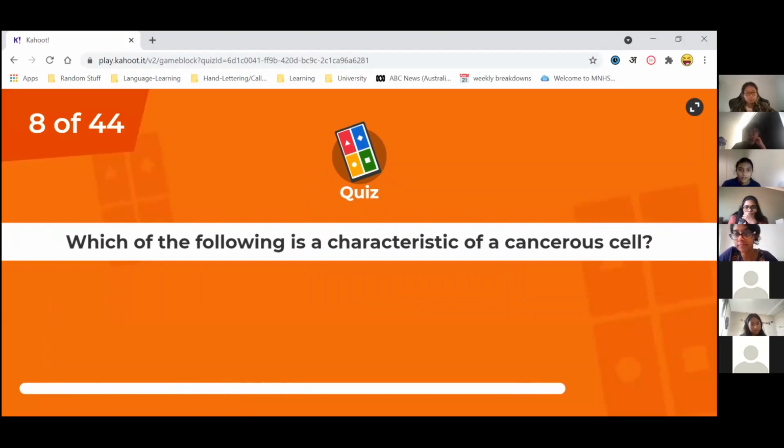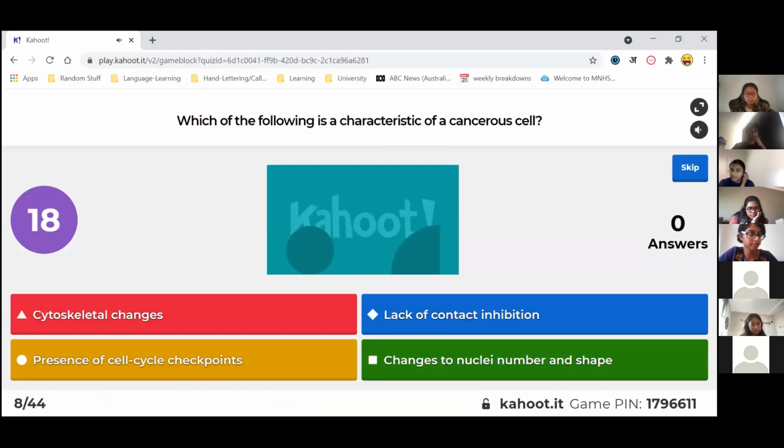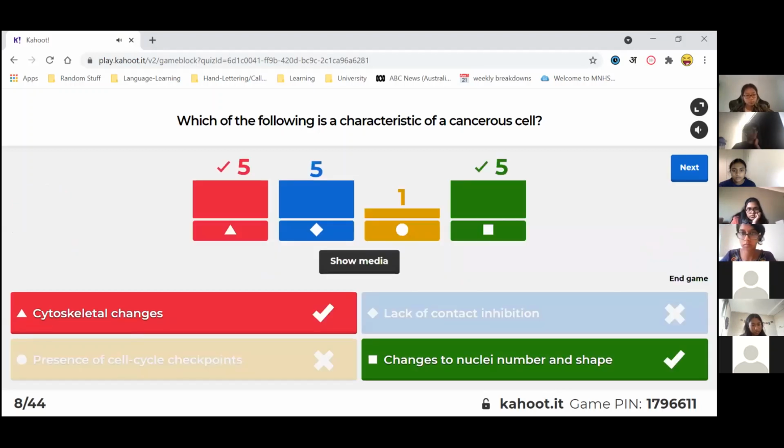Which of the following is a characteristic of a cancer cell? So there would be cytoskeletal changes.